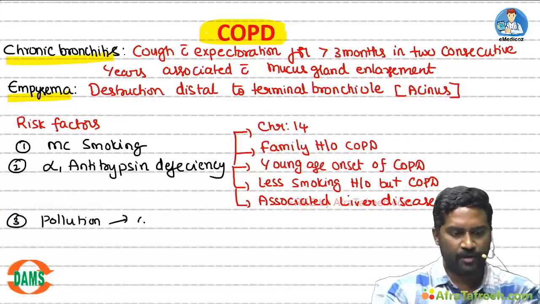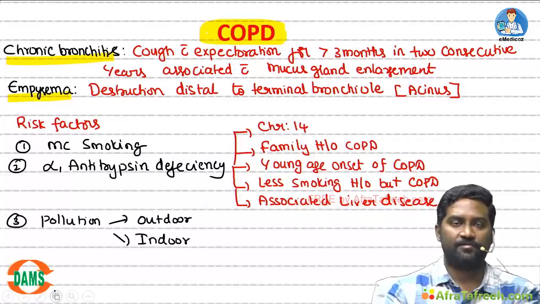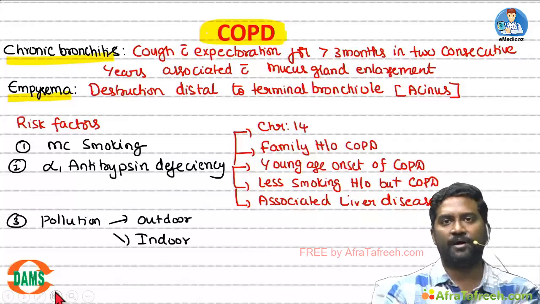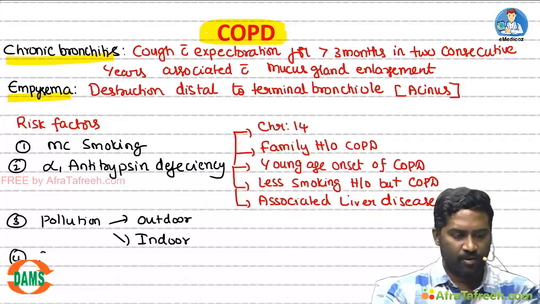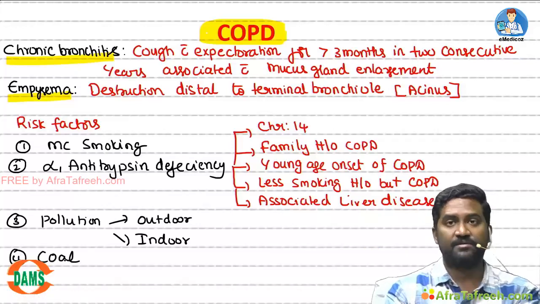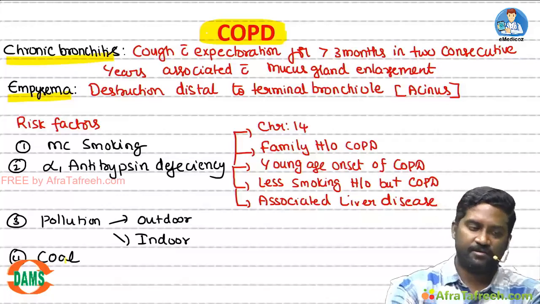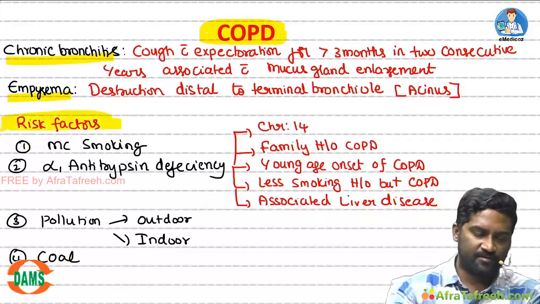We all know about outdoor pollution, but females residing in rural areas also are developing COPD because of indoor pollution. What is that? Exposure to biomass fuel. This smoke, when inhaled, can also result in COPD. Coal exposure will also result in COPD. These are the important risk factors.